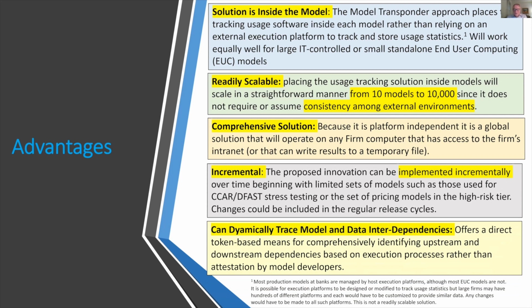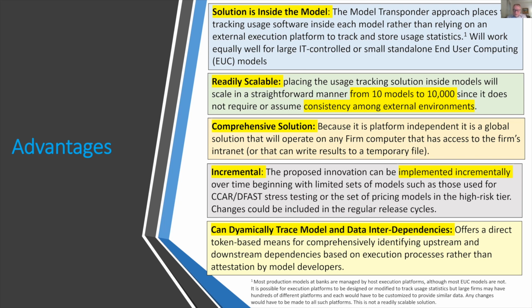It will automatically be included in this dynamic database as long as it participates in the token passing process. Same for any models that are retired and removed from production; they will disappear from this dynamic database. Solutions that depend on, say, comprehensive searches through source files to determine dependencies, which is one approach some firms use, produce a static map that becomes stale with time.